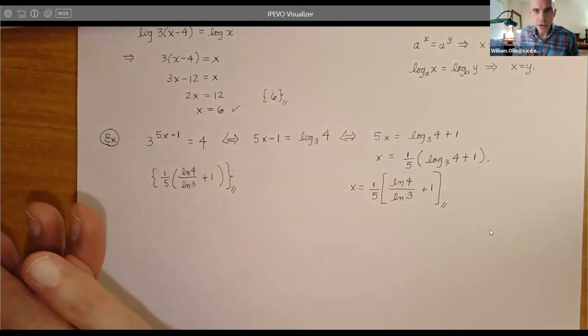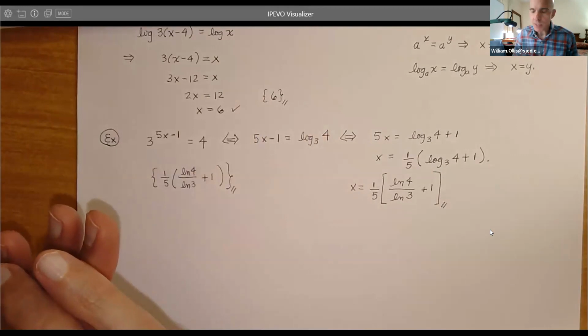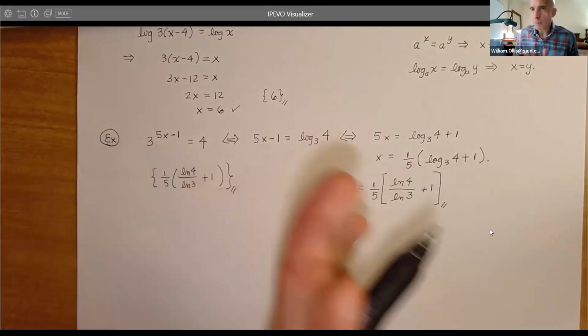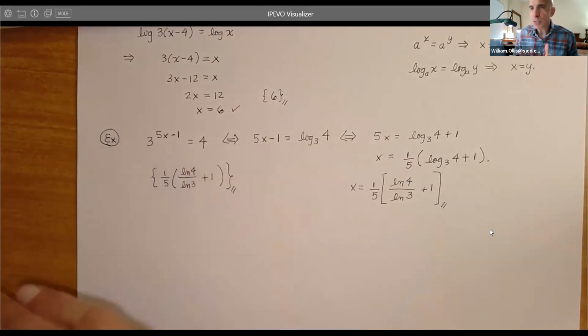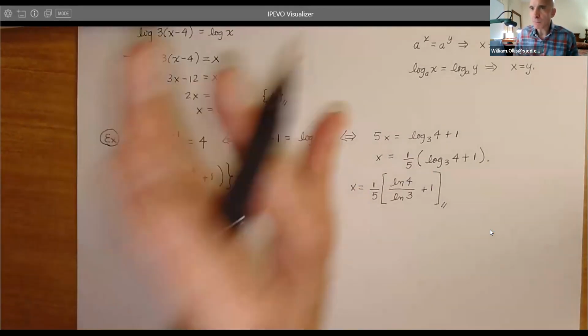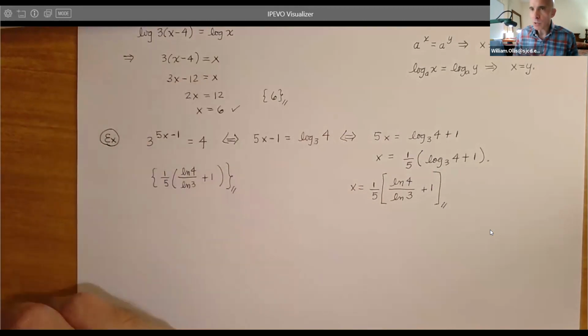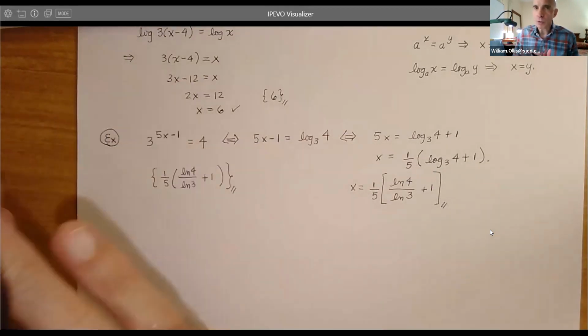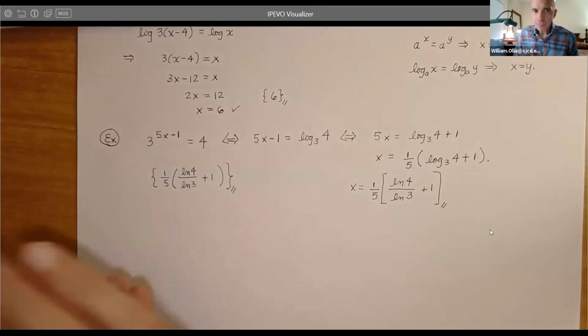WebAssign doesn't really care if they ask for an exact response. If you type it in base 3 or base e, WebAssign is fine with that. They use the MATLAB backbone to check your algebra. So that's why WebAssign is so sophisticated. It has very, very sophisticated computer logic going on. The code is voluminous. It's like the code you would use for Maple or Mathematica.